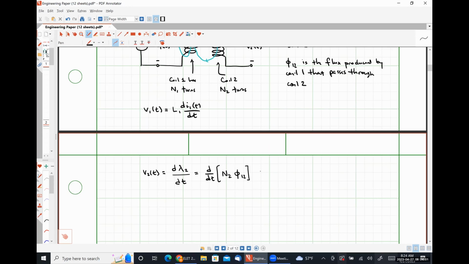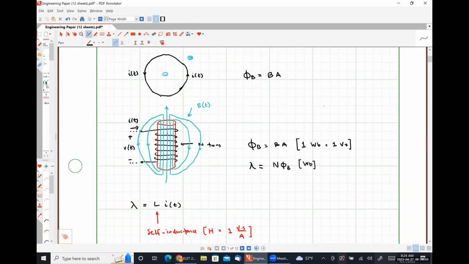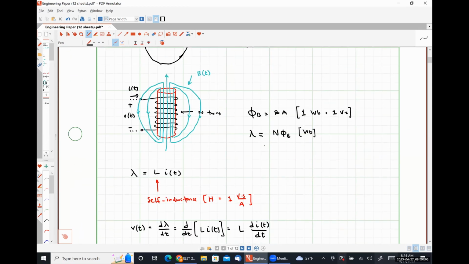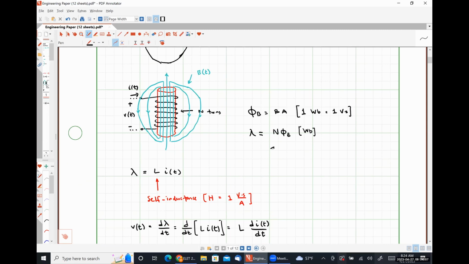Well, if we look at these two relationships here, we could see that we could rewrite phi b in general as, sorry, I'm having trouble doing the algebra in my head here, so let me write it out specifically.